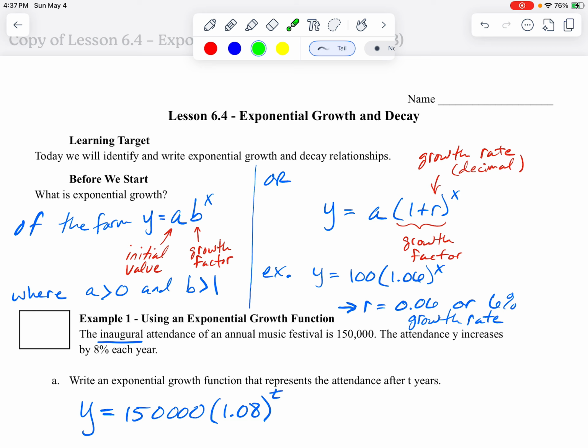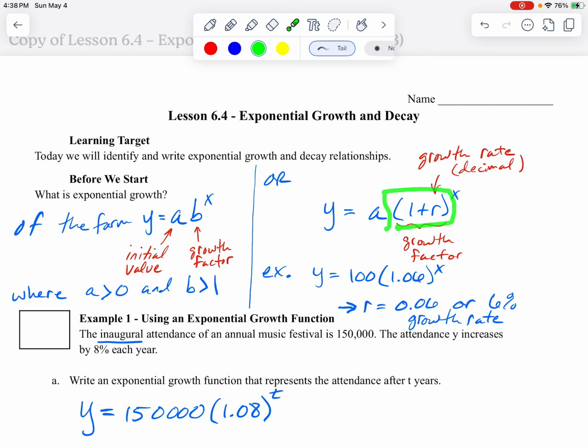In exponential growth, a has to be greater than 0, and b has to be bigger than 1. So we can think about this another way, and in your practice it will show some of these examples where this is split up like this as well. So we can split that b value up like this.